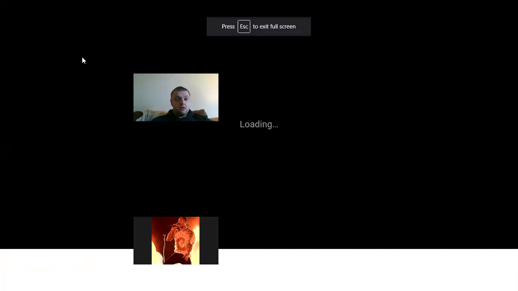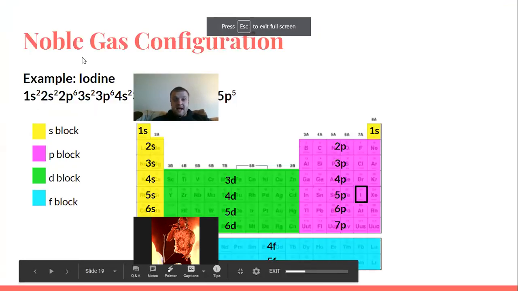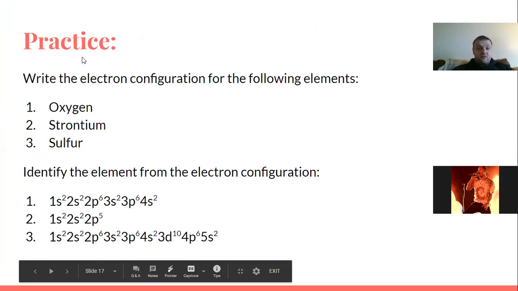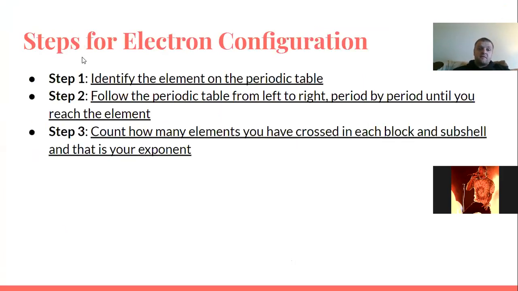If you look at your stuff that we did yesterday, first of all, yesterday we talked about electron configuration, and the steps for electron configuration were given to you. Those steps are very simple.